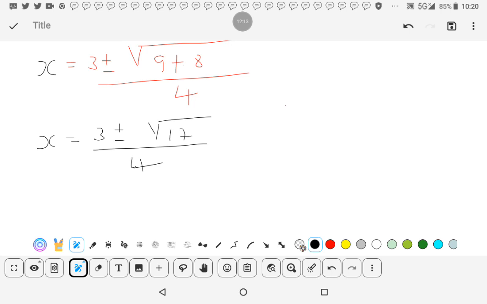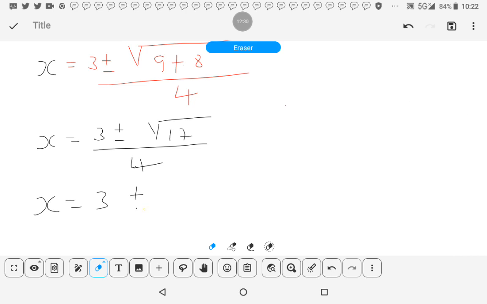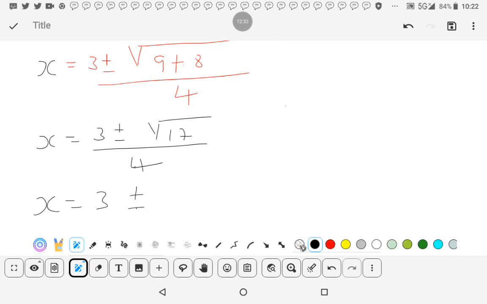The square root of 17 is 4.123. So this will be 3 plus or minus 4.12, divided by 4.